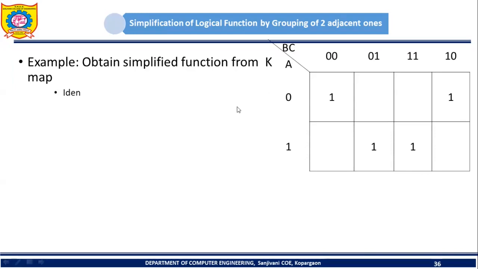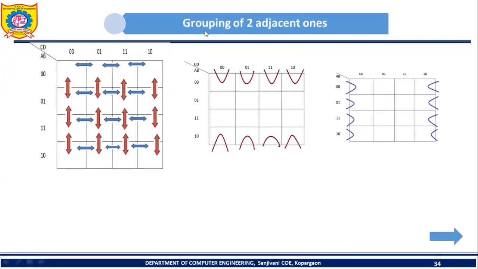So what will be the first step? You have to identify adjacent one. We have already discussed how to identify two adjacent one. There are different possibilities. If we have two horizontal successive one, then they are said to be adjacent. If we have two vertical adjacent one, then they are also adjacent.